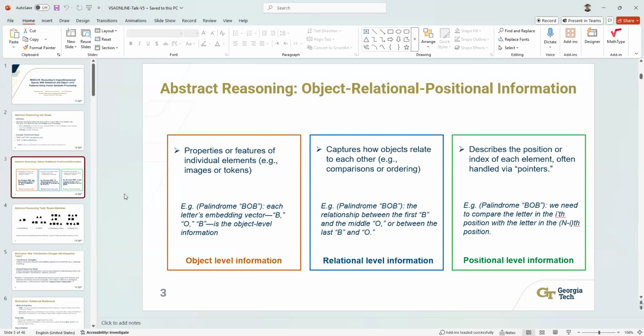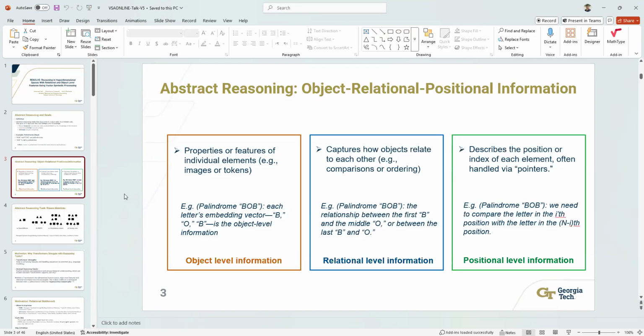You need these different types of information to be able to reason about the problem. You need to know about the object, and you need relational information, meaning, in the palindrome Bob, the relationship between the first B, the middle O, and the last B, and so on.